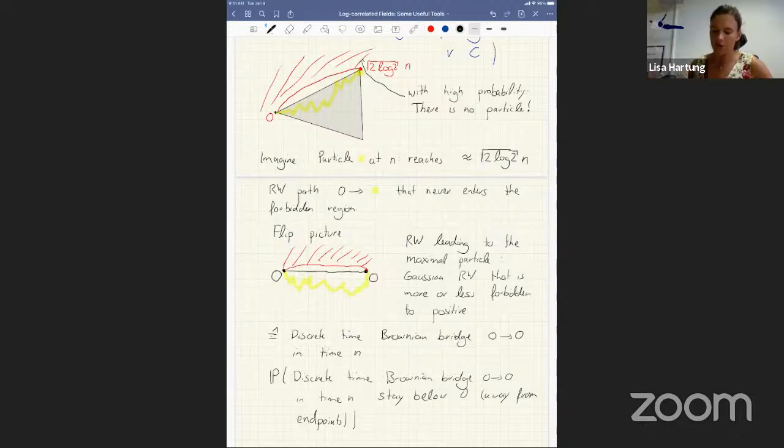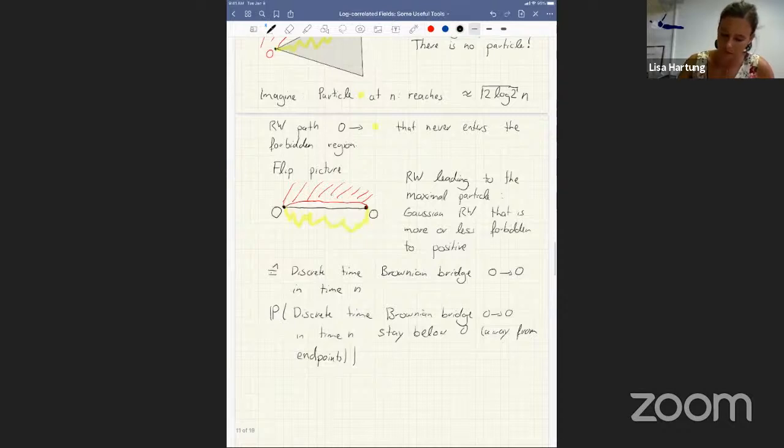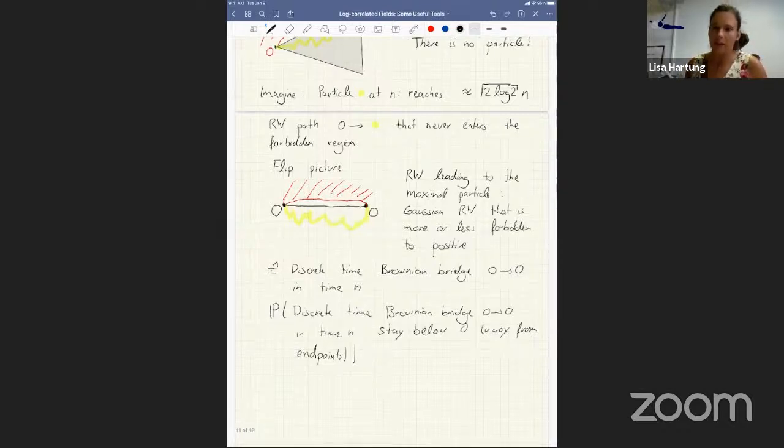I mean, here we are also in discrete time, so we can also just say that it always stays below 0. Right, but of course at the very end and very beginning I'm somewhere. Well, this is something that is actually known, right?